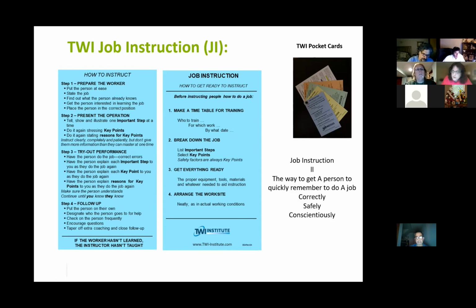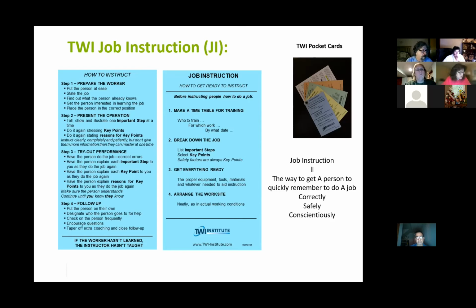When going through a TWI J class, there are individual cards that are double-sided. The blue ones you see on this screen are the job instruction pocket card. Every J module has a 4-step process, and you'll see that pattern as I go through each of these J classes.